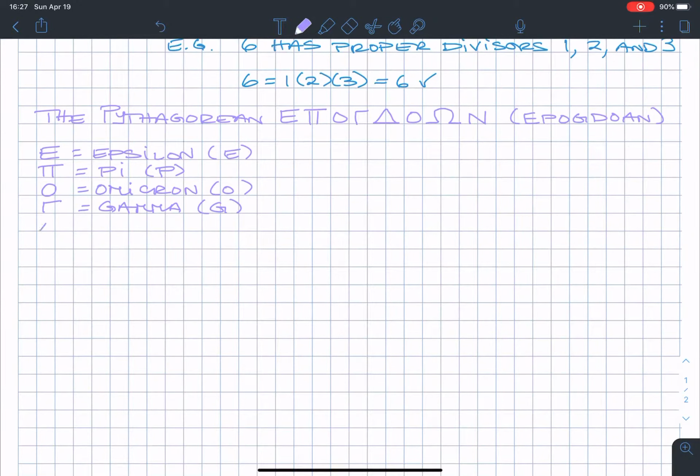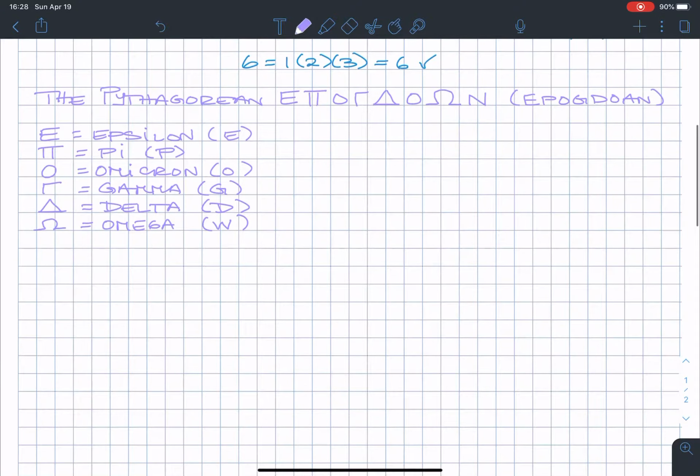And then we have delta in Greek, which is D in English. Then we have omega in Greek, which can be thought of as a W in English. And last, we have nu in Greek, which is N in English. So nu is N, so epogdoon.